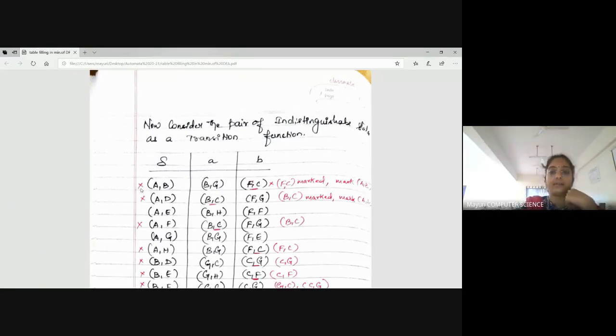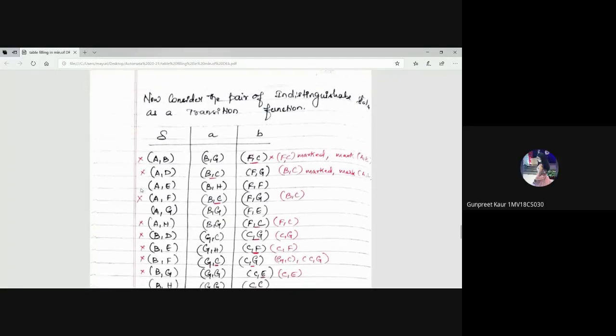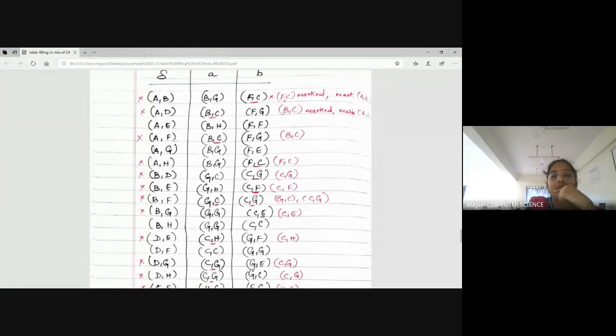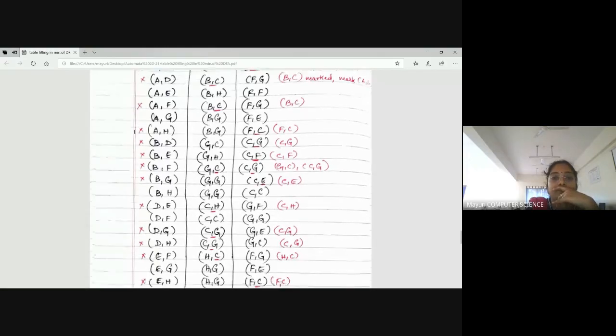Are you understanding? Yes, ma'am. Like that. F and G both are non-final, so don't worry. BC is marked, so AD is also marked. The same way, try to look into every row and then make the respective cell also cross marked. BC, so B is non-final, C is final, so make AF also distinguishable.